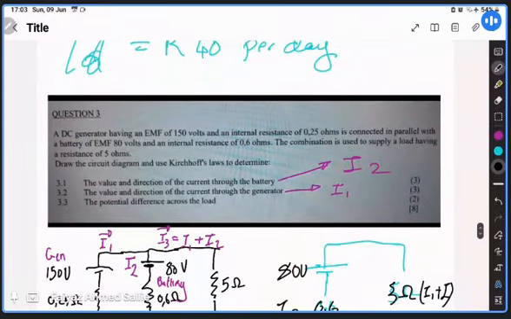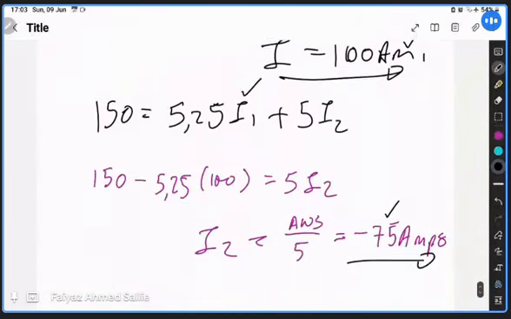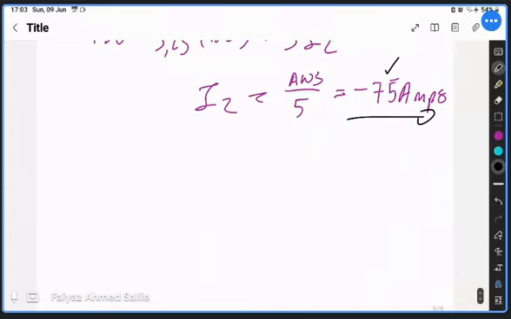Let's see what's the final question. The potential difference across the load. So they want us to calculate the potential difference across the load.